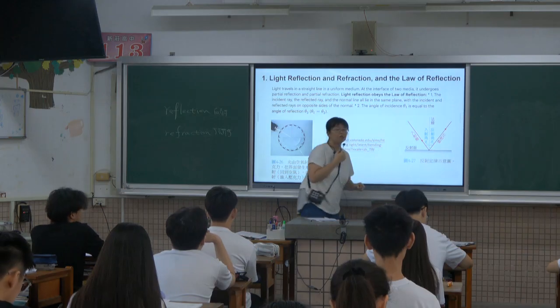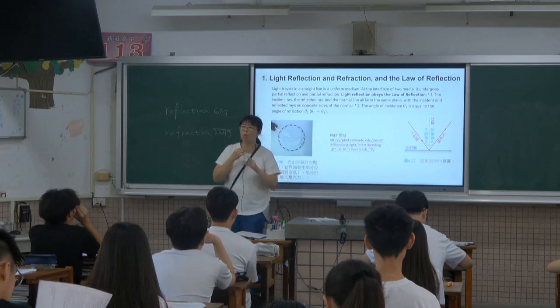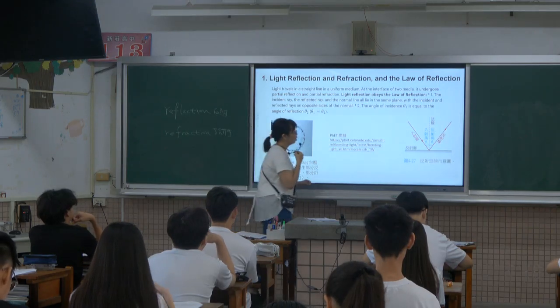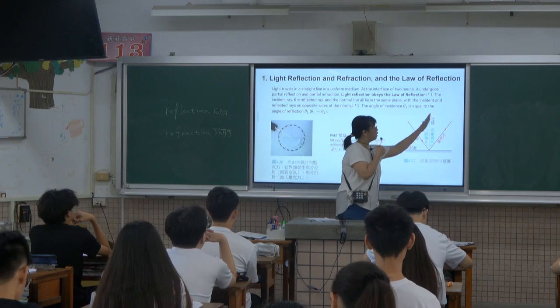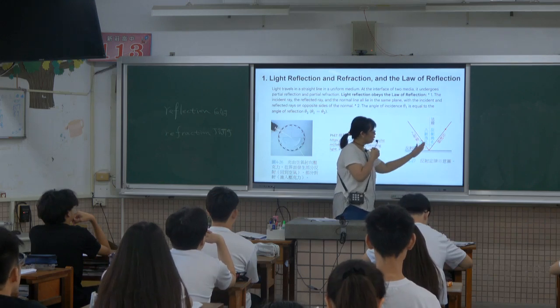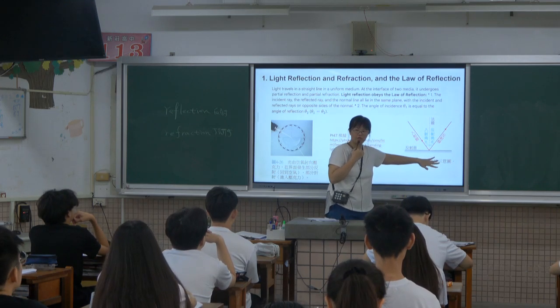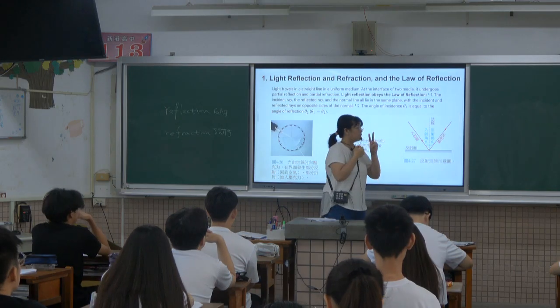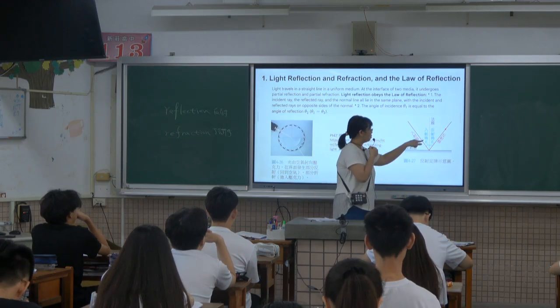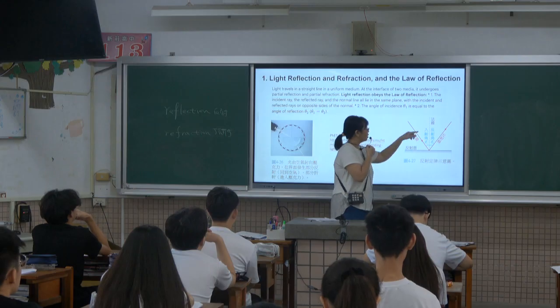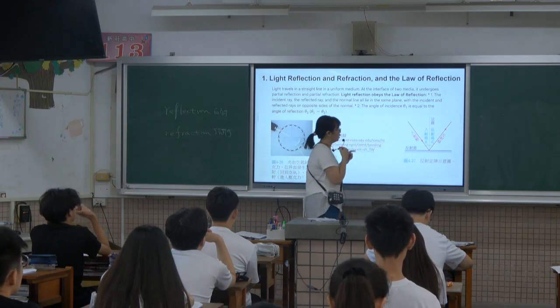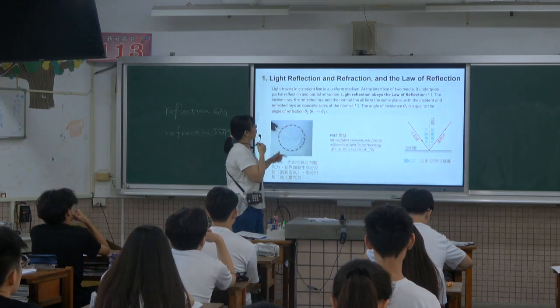You can see the law of reflection. One: the reflection line, the incident line, and the normal line are on the same plane. Second: the angle of incidence and the angle of reflection are the same. So that is the law of reflection.